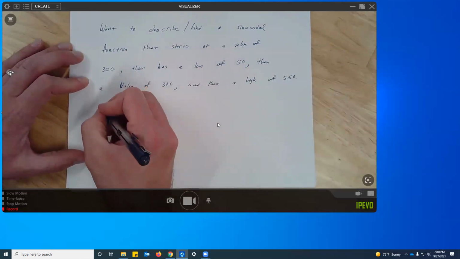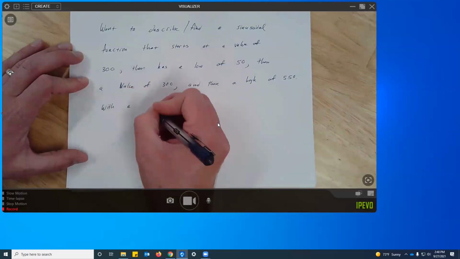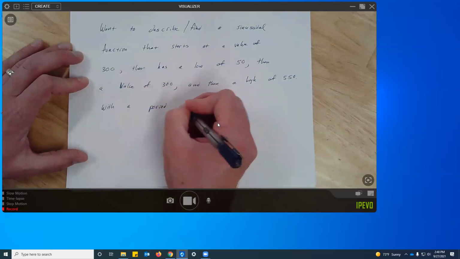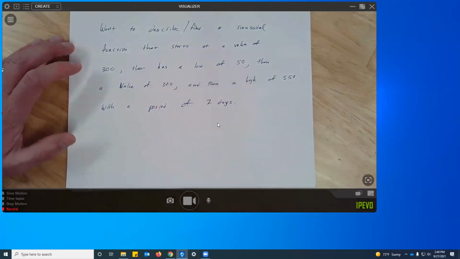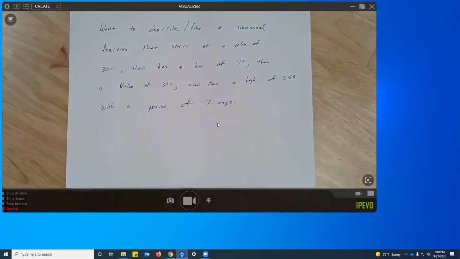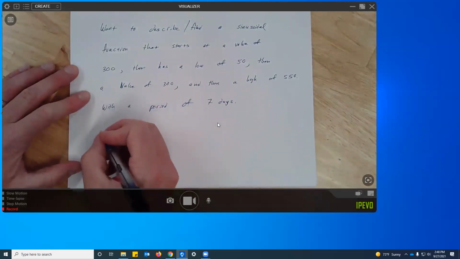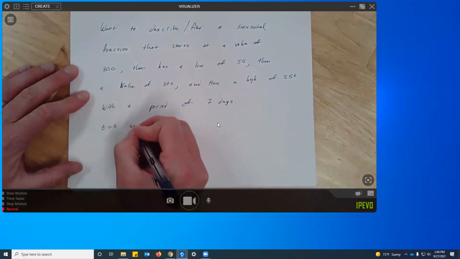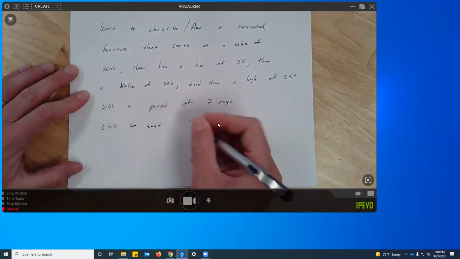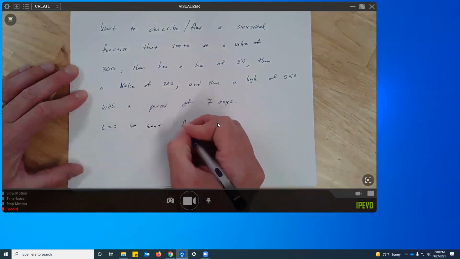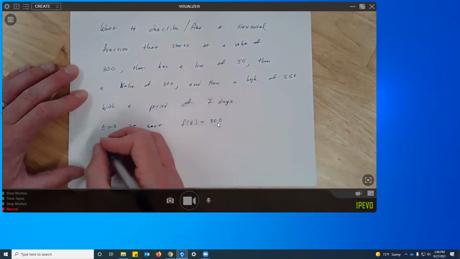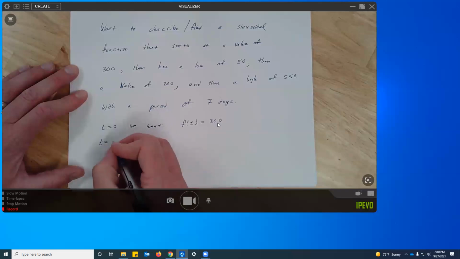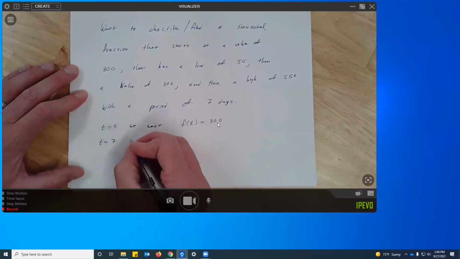We want this to have a period of 7 days. Anything else I'm missing from that? No, I don't think so. So I should be more specific. At time equals 0, we want the function to equal 300. And at time equals 7, we want that value again.